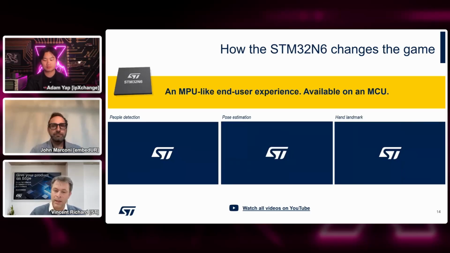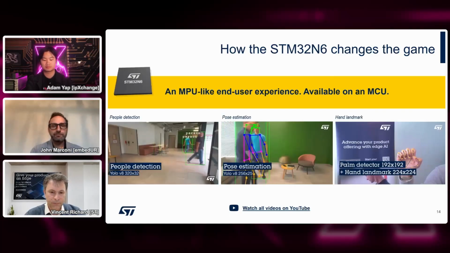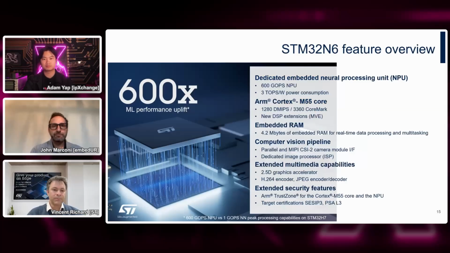This is typically an application that you may have discovered 10 years ago running on a Jetson Nano, with the same level of performance that is now available on a simpler MCU. The N6 is a game changer for running AI applications.